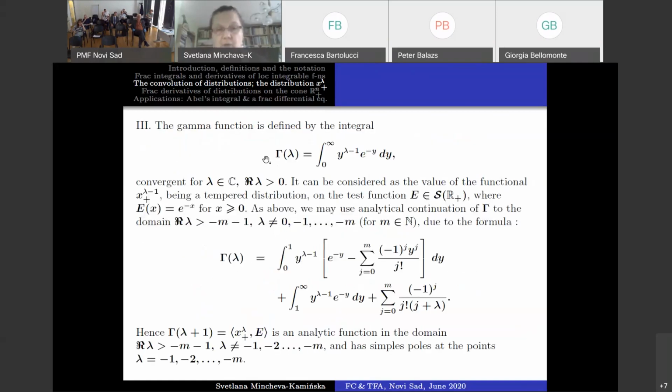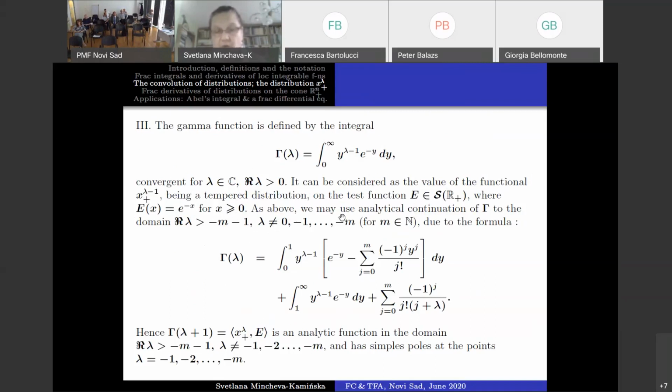Now, we may consider also the gamma function defined by this formula. Also, we may consider it as a value of some functional, considered like a tempered distribution, of the test function e, where e is e to the power minus x when x is non-negative.